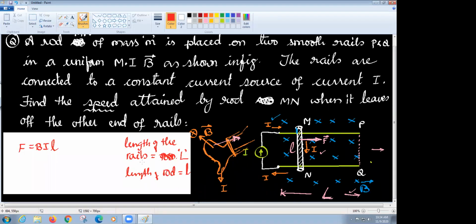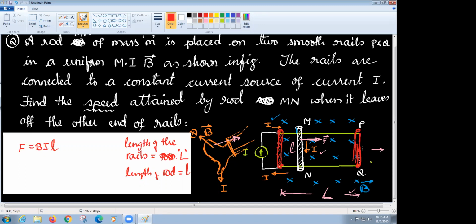Initially your rod is somewhere here. It experiences force and moves like this. Now from here to here, your rod is trying to cover the journey.